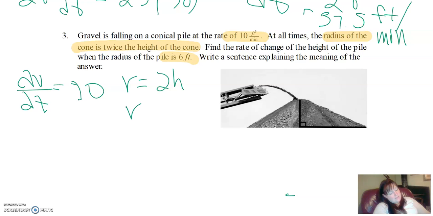So when the radius equals 6, what am I looking for? Well, I'm finding the height of the pile, right? That's what I want.